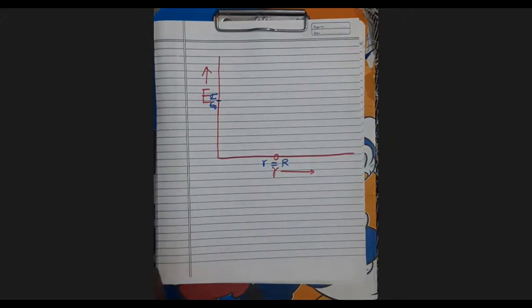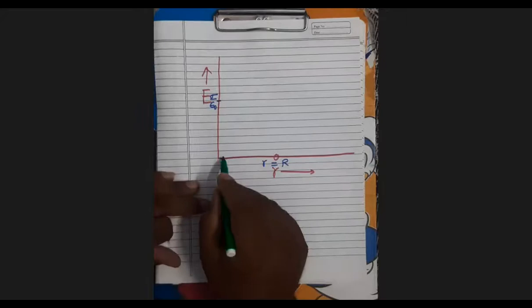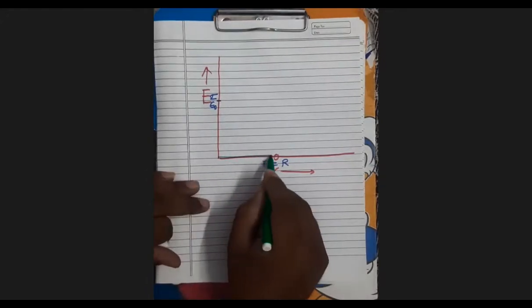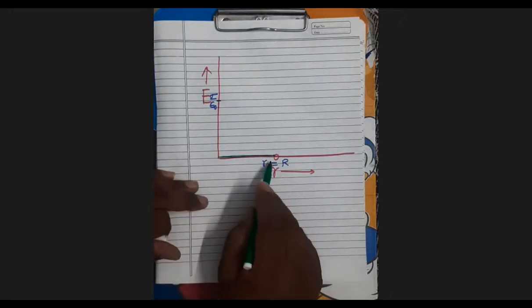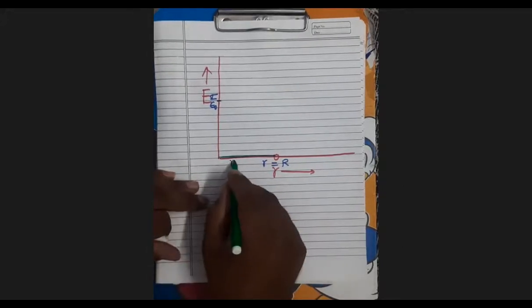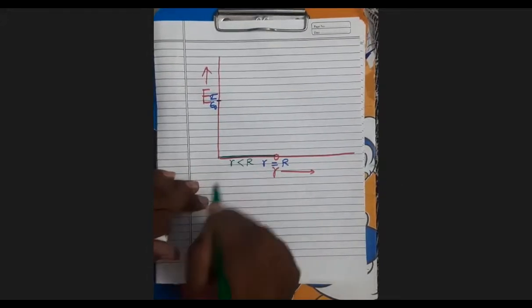The intensity is 0 up to the inside points, as long as small r is less than capital R.